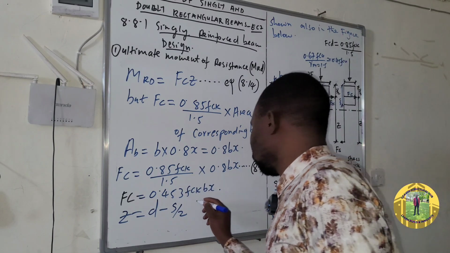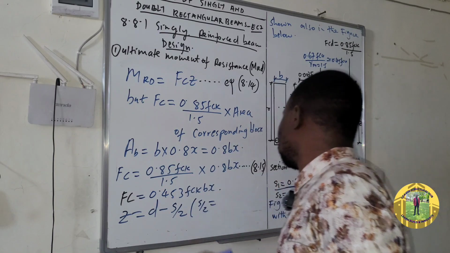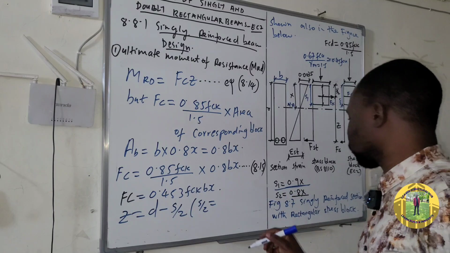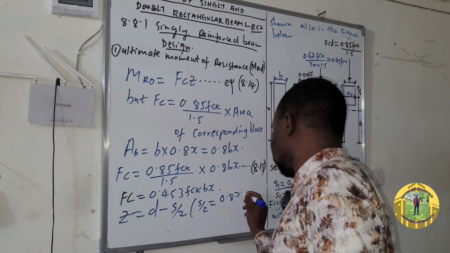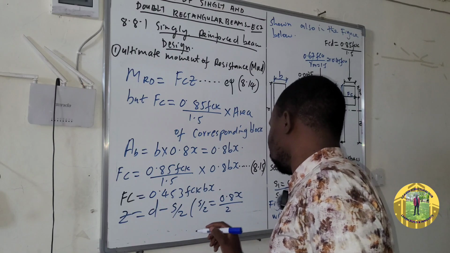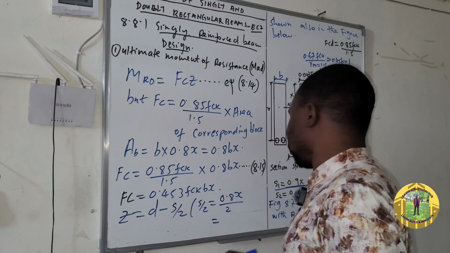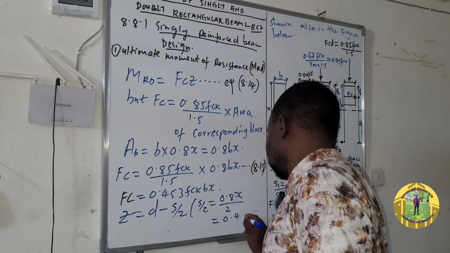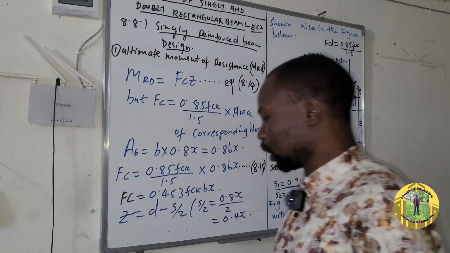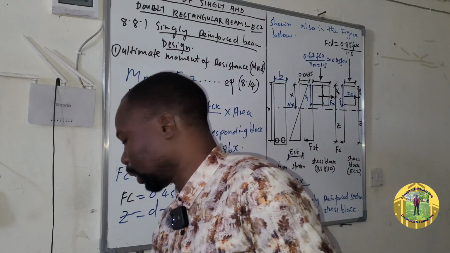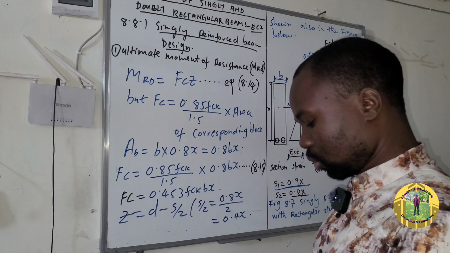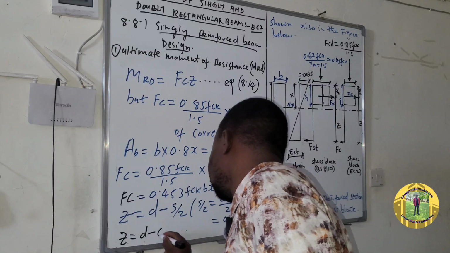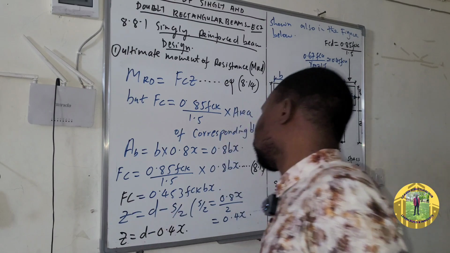But S over 2 is equal to, as you can see, S2 here is 0.8x, then you divide by 2, so you end up with S over 2 equal to 0.4x. This implies Z is equal to D minus 0.4x.